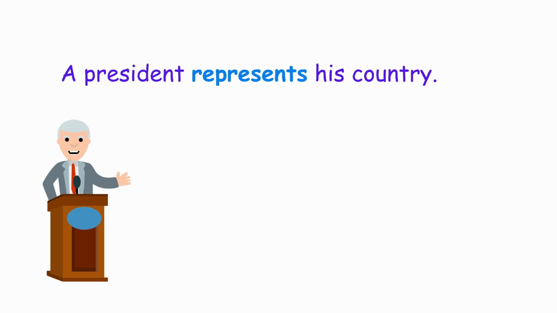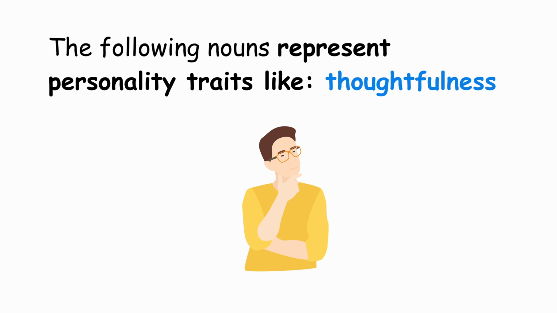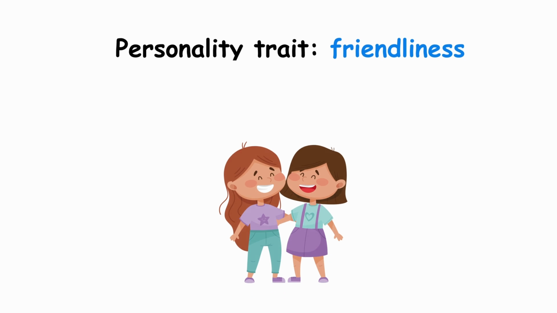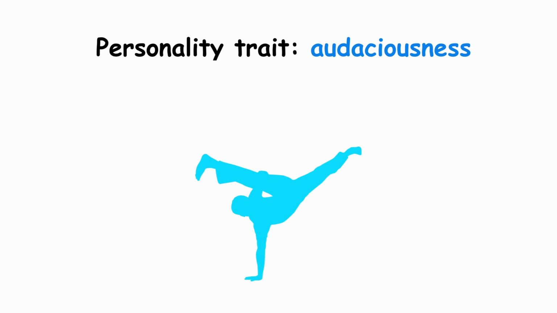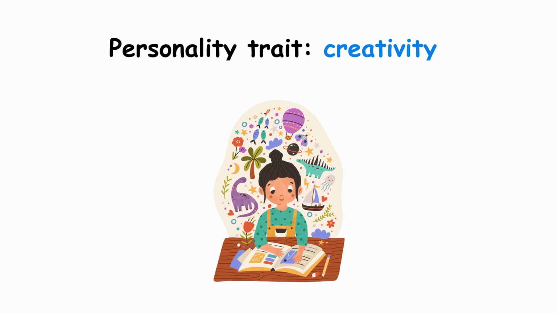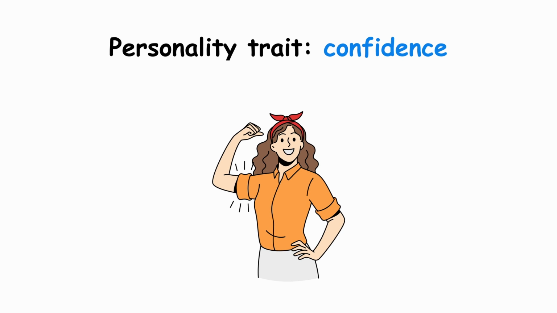A president represents his country. A heart shape can represent love. The following nouns represent personality traits like thoughtfulness, ambition, friendliness, sensitivity, audaciousness, determination, creativity, generosity, confidence.